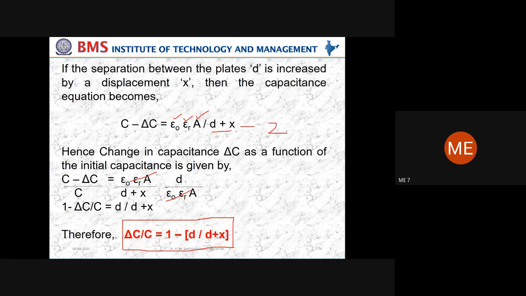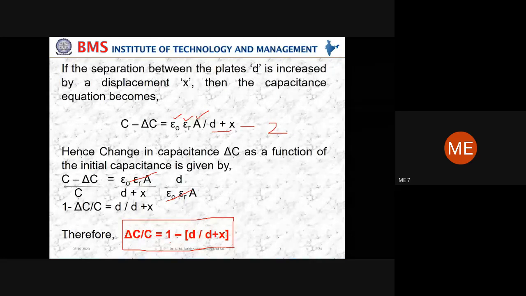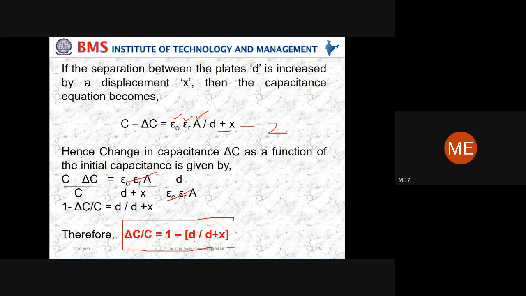Now observe this equation carefully. Please do this small mathematical working. Delta C by C is equal to 1 minus D divided by D plus X. In this equation, which is the parameter that you are changing? What is the input parameter?